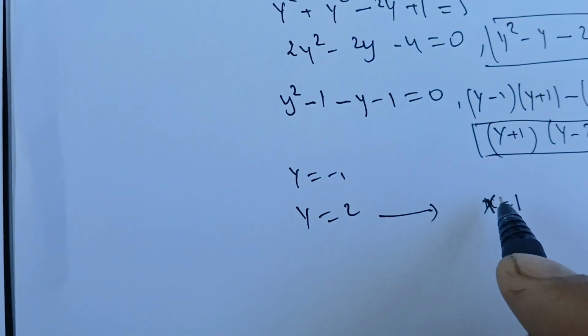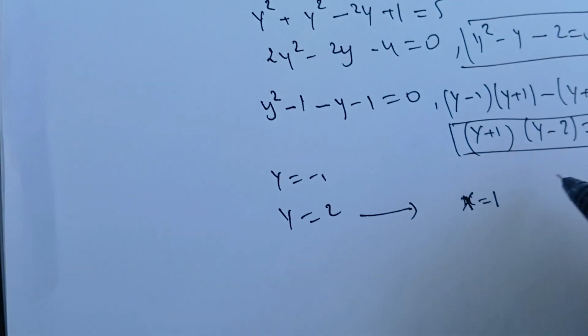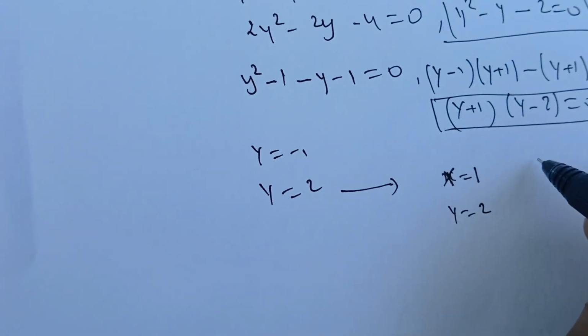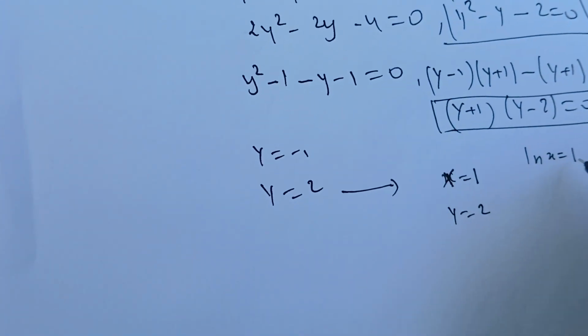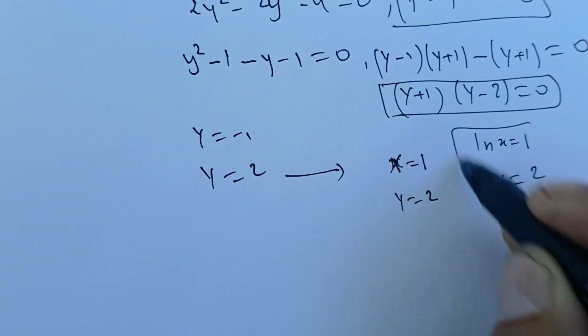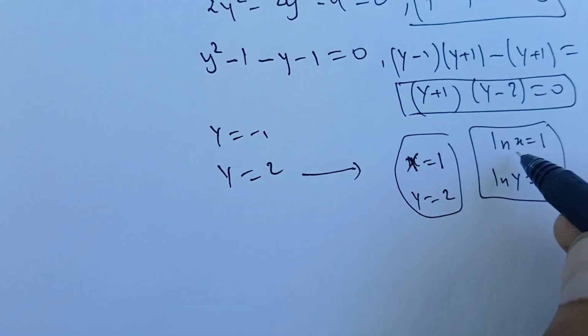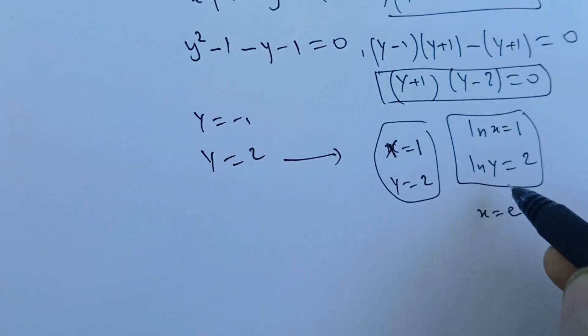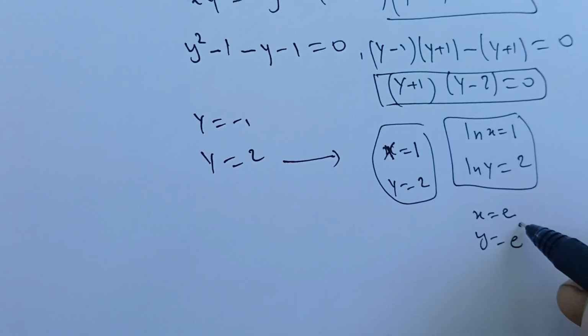So here, if X is 1 and Y is 2, that means the natural log of x is 1 and the natural log of y is 2. So here we have to solve for our original x and y. So for this one I get x is e, and here I get y is e squared.